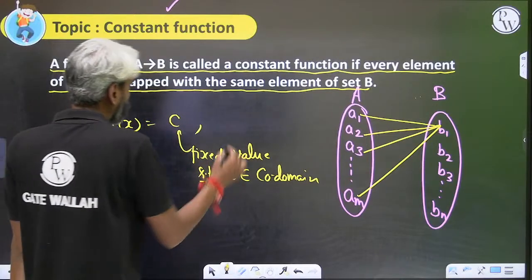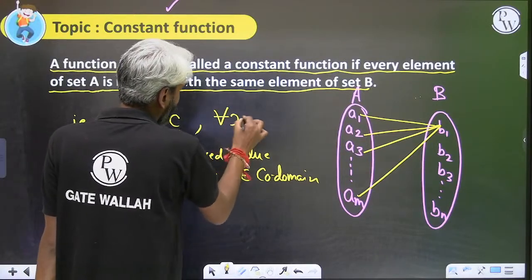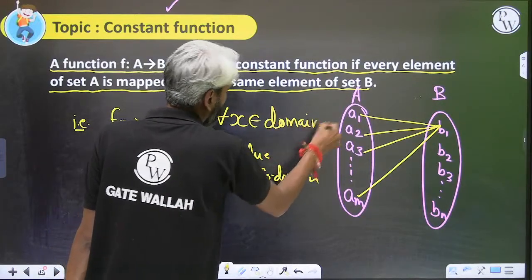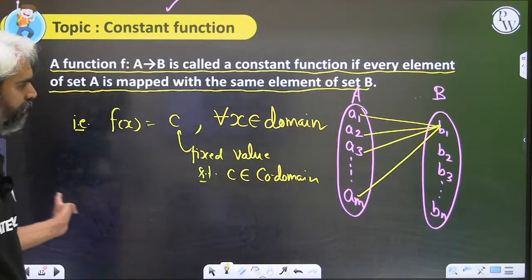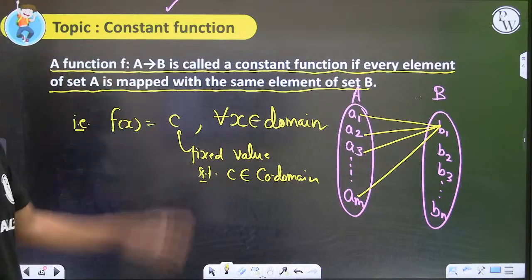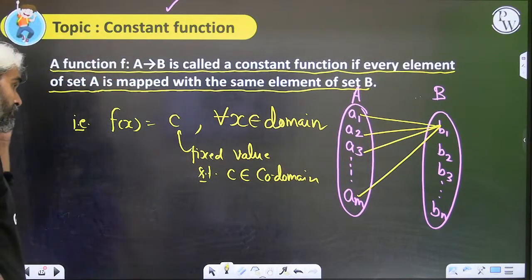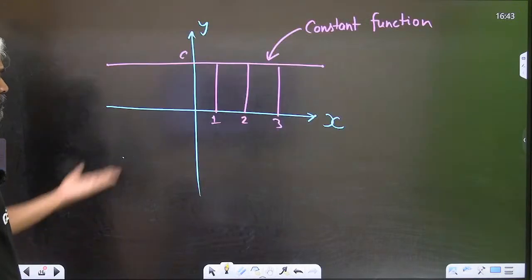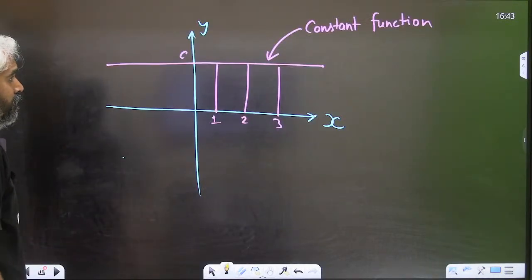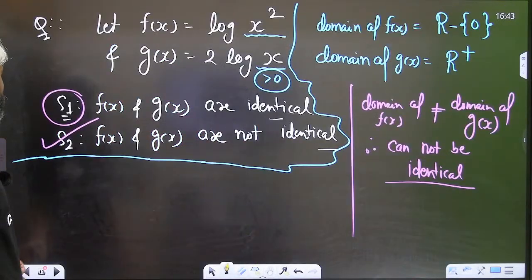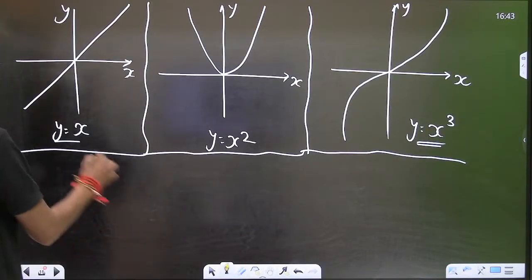So f of x equals c for all x belonging to the domain. If you take any value from the domain, then the output of the function should be fixed. Anyway, so the graph for the constant function will look like this. The identity function is something like this, that this is basically the identity function.